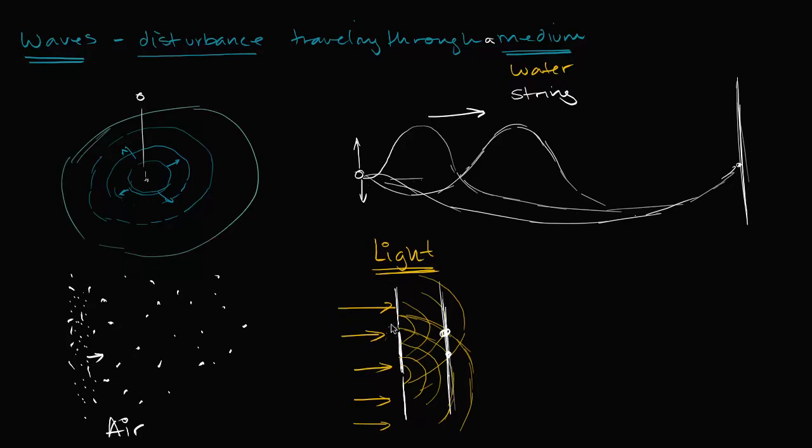But if it is a wave, if we use our classical logic, you would say, well, that means it's a disturbance traveling through a medium. But what is that medium? We have light coming from our sun. We call it sunlight. Actually, our sun is white.